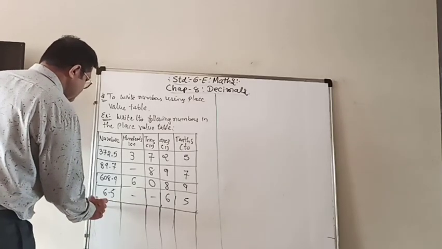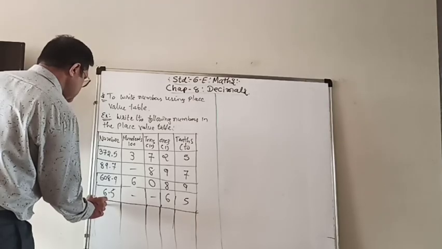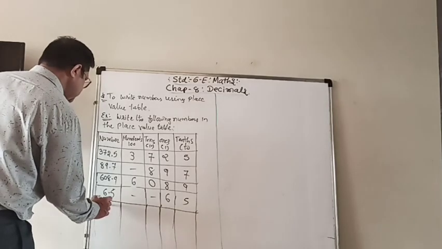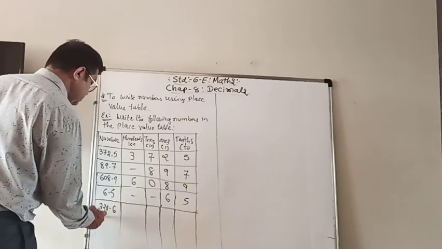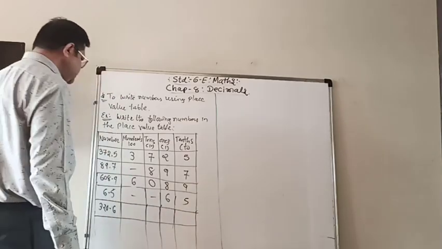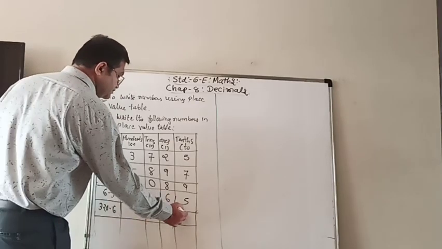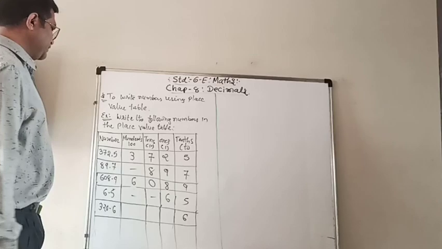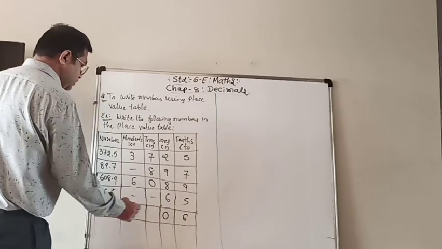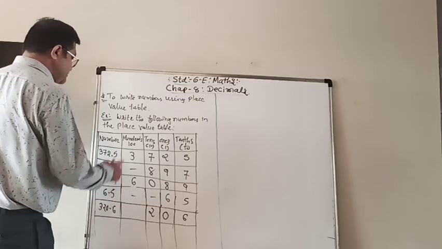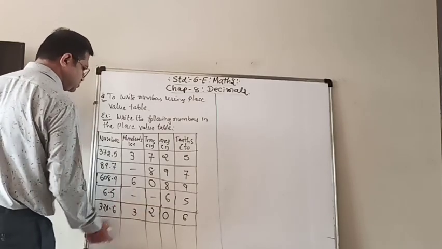Then we take 320.6. Here you can see that 6 is at the tenths place. In the ones place there is 0, in the tens place there is 2, and at the hundreds place there is 3.